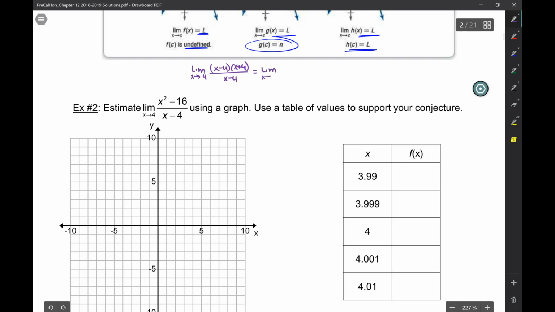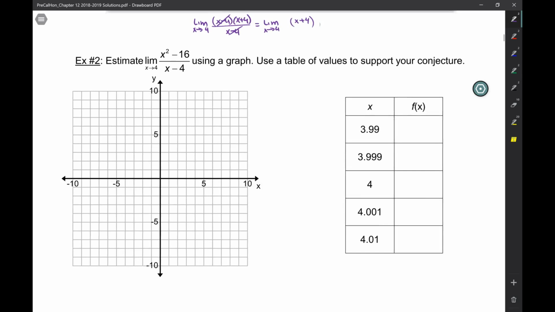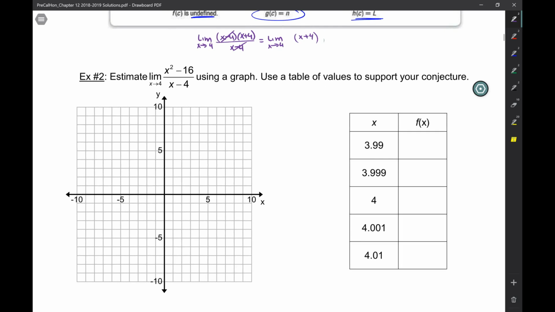This cancels, and I have x plus 4 left. Okay? So is that just a linear graph? No, of course not. The graph has a hole in it, right? There was a denominator here which canceled out from chapter 2.